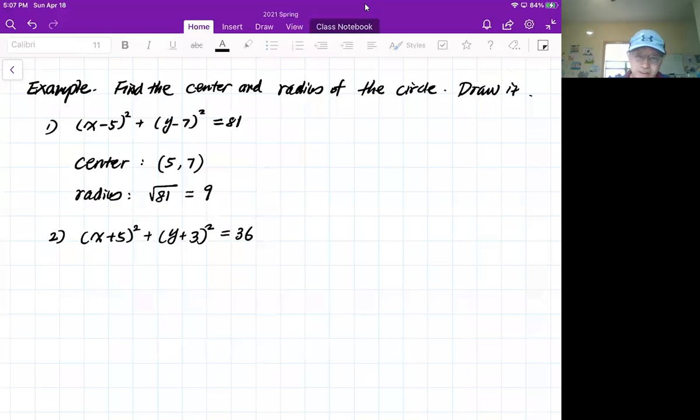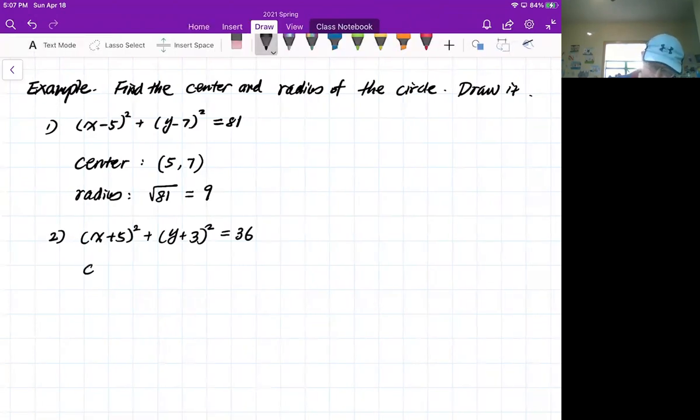Okay, so let's see how to get that. All right, so the center is, is there someone who said 5 and 3? Anyone say that? It should be the negative. Does it make sense?